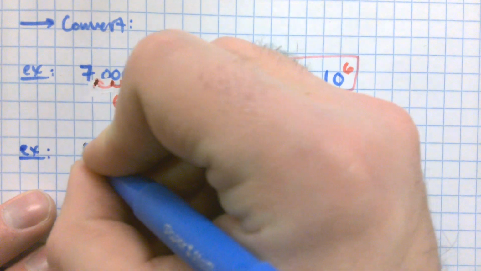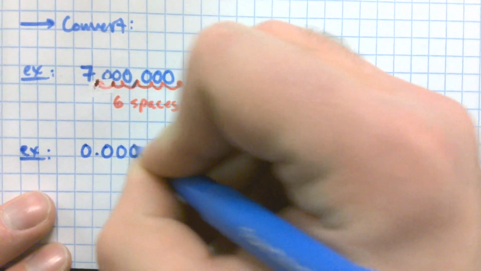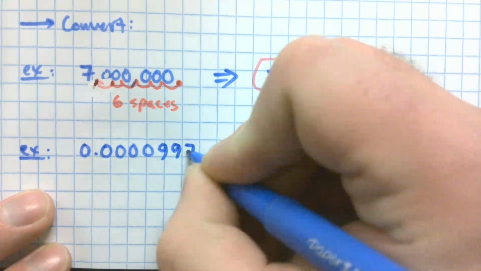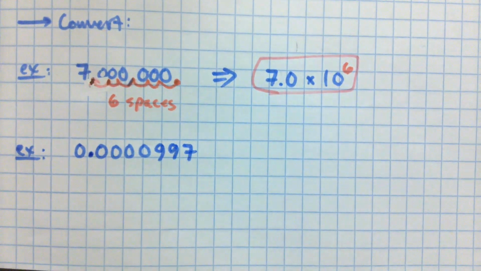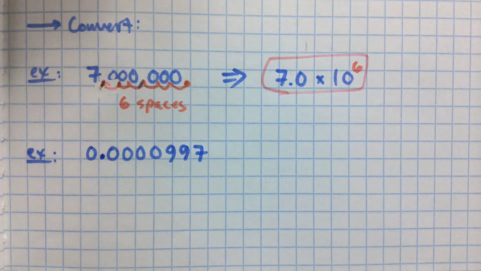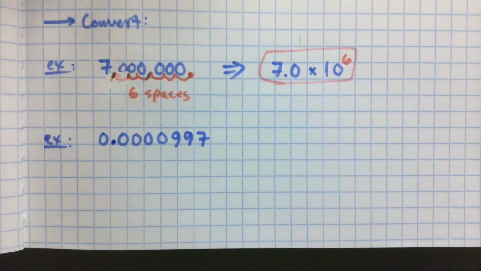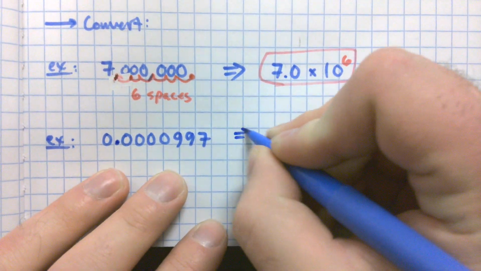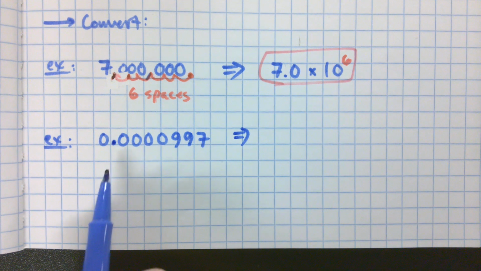Now if we have something like 0.0000997, where's my decimal at in this number? Right there. We can see it.